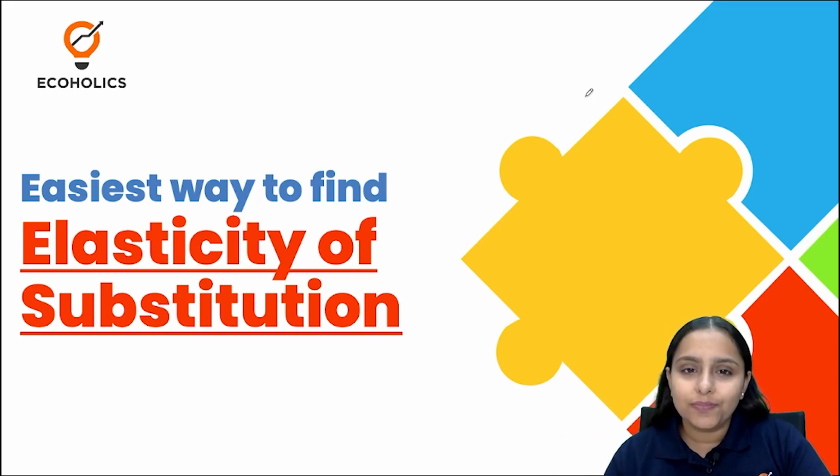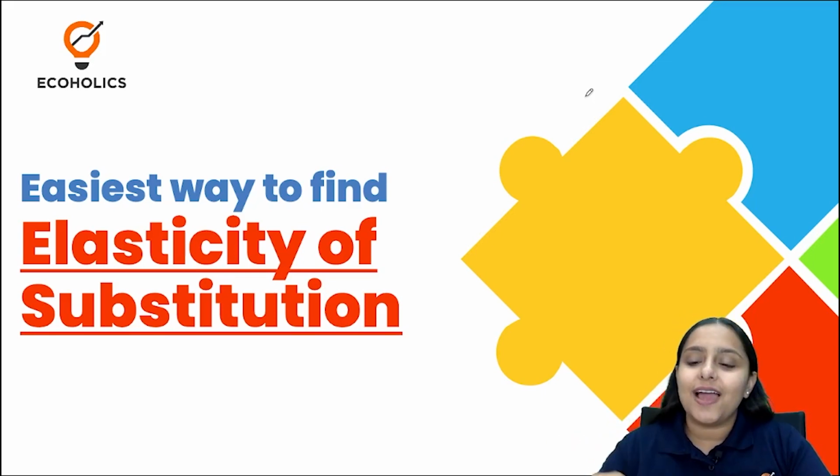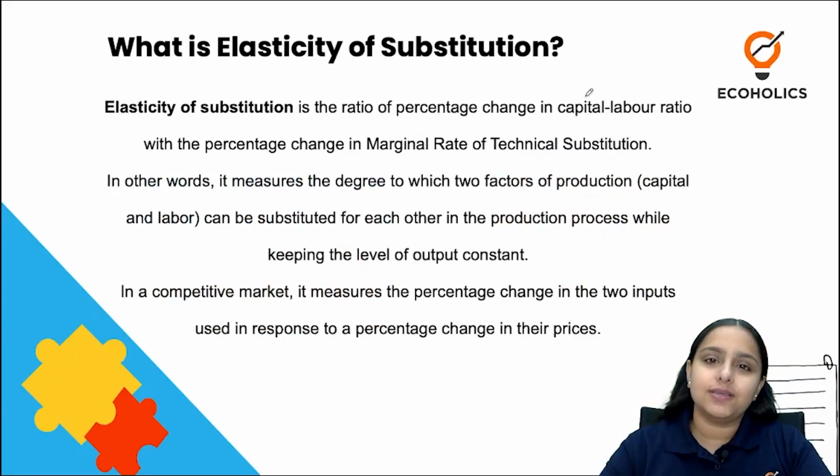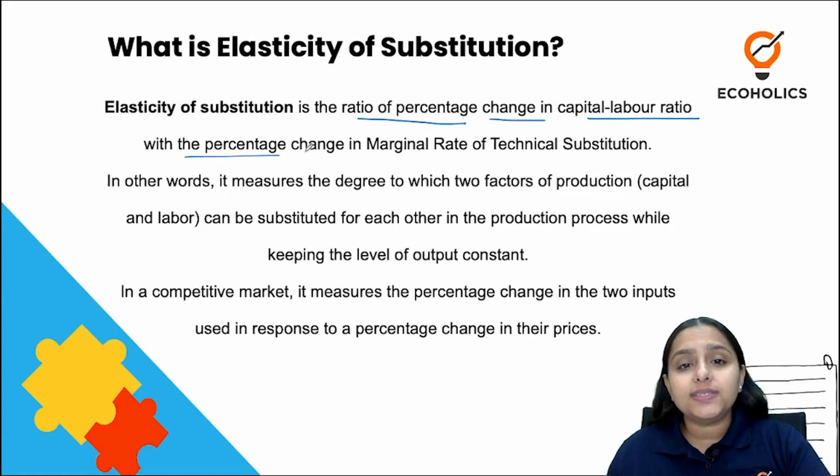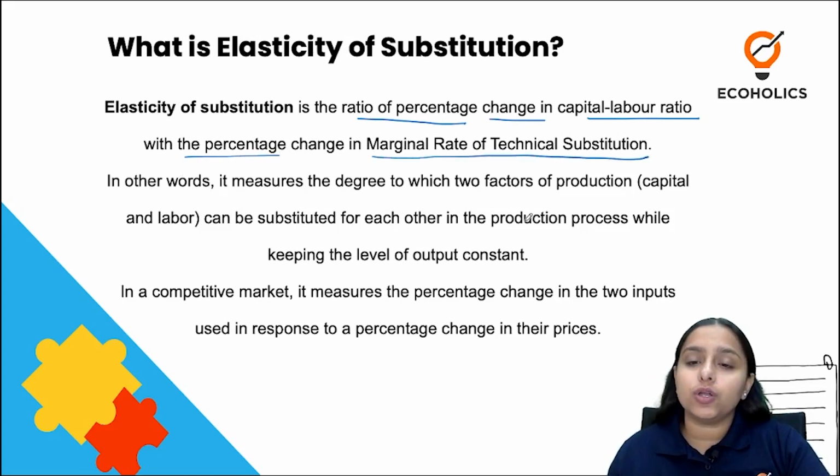And that's all. And the second thing you have to bring before you get into the video is patience, and not getting anxious. So the first thing is, what is elasticity of substitution? It is the ratio of percentage change in capital labor ratio to percentage change in marginal rate of technical substitution.